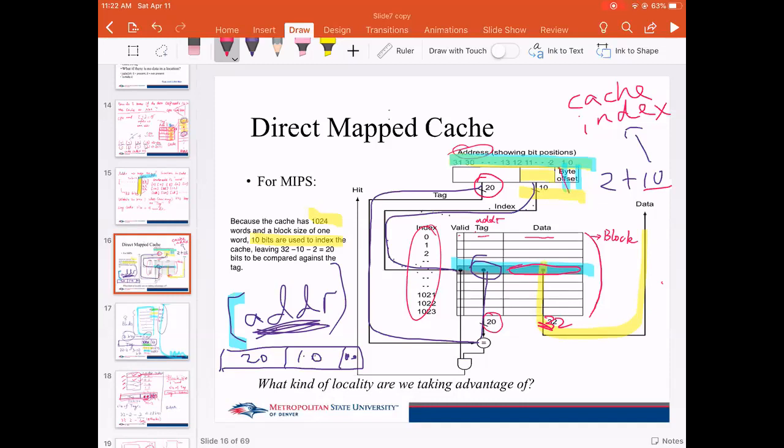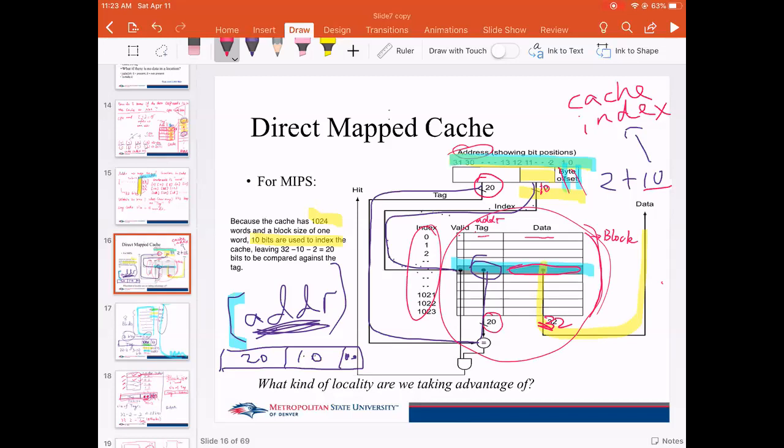The lower 2 bits are always 0. And remember that I have 1,024 different rows inside of the cache, so I will need to use 10 bits to indicate which row it belongs to. So I don't have to keep those 10 bits inside of the cache memory. Those 10 bits are already implemented.